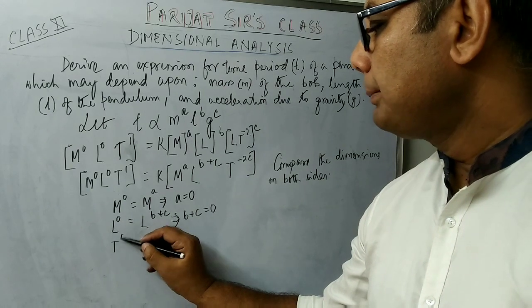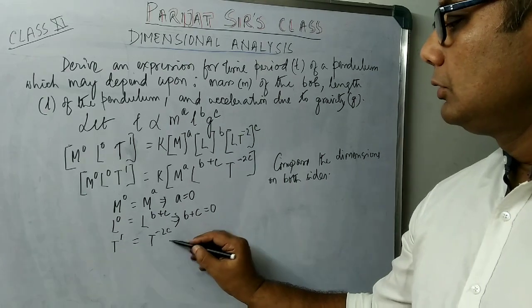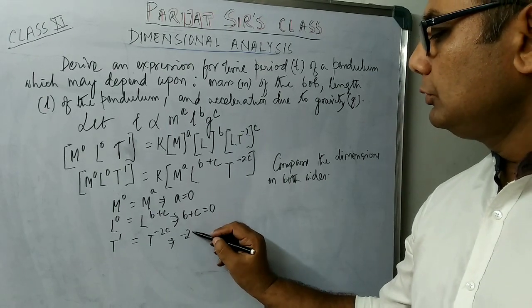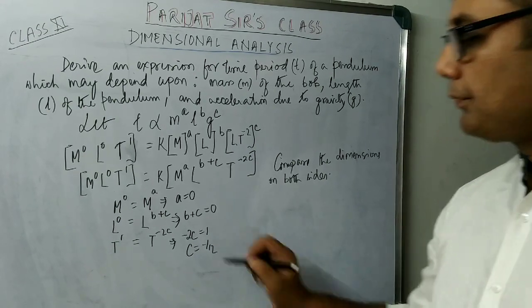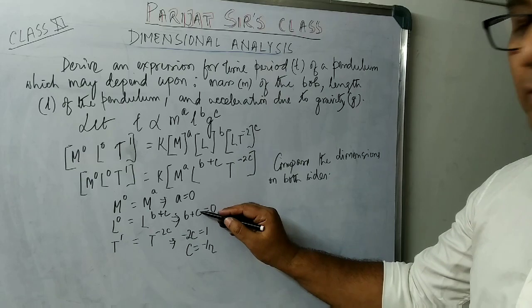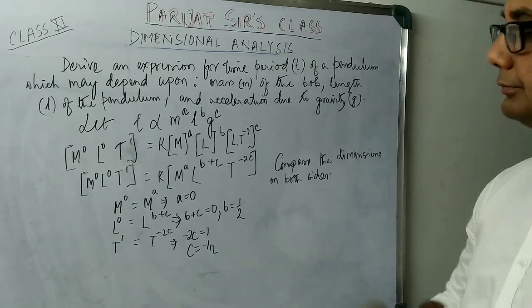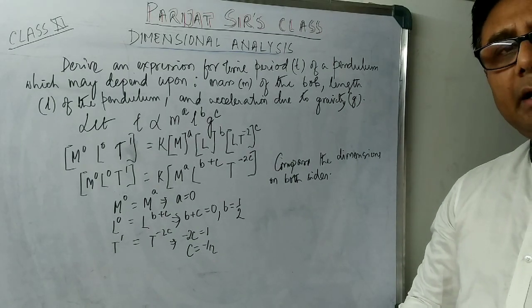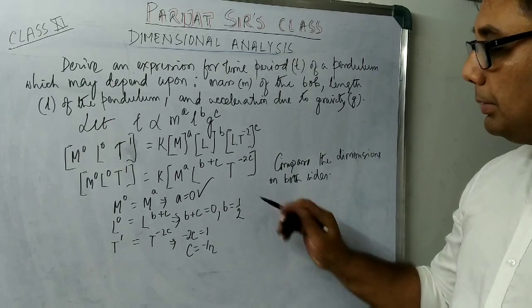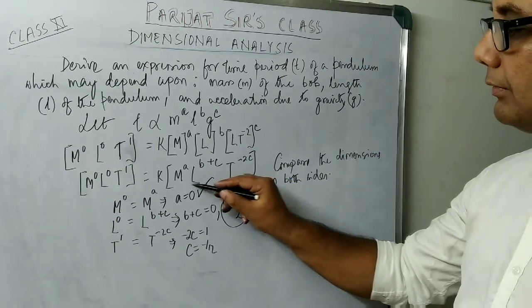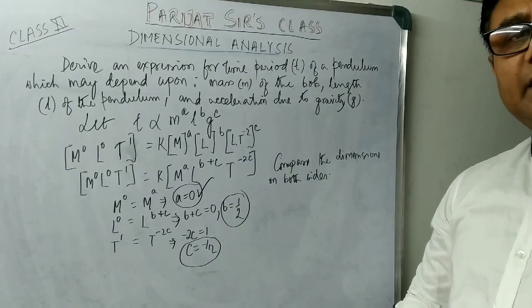And T to the power 1, this side is T to the power minus 2C. So I can write minus 2C equals 1. That means C equal to minus half. So let us put here C equal to minus half. So we can get B equal to half. Clear? So we got the powers of A as 0, B as half, and C as minus half. So let's apply it.